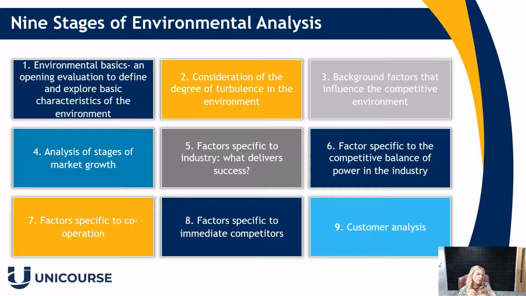When looking at the seventh factor, you're looking at specific areas of cooperation. And then the eighth one looks at factors specific to immediate competitors. So that's giving your competitors a profile, so profiling your competitors, and an analysis of what their strengths are and a comparison within the market.